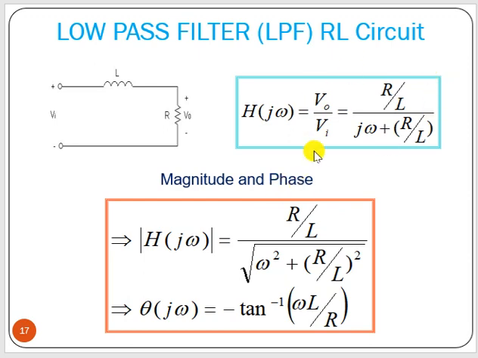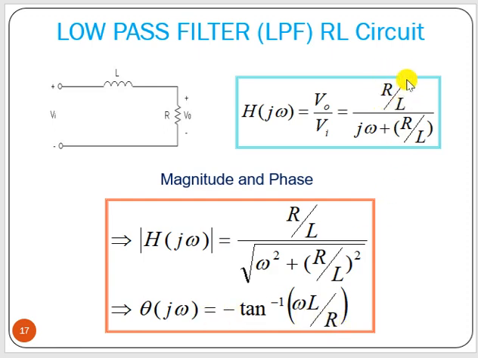Now for magnitude and phase from this particular expression, the magnitude will be R by L divided by root of omega square plus R by L whole square, since we have the j term. And theta, the phase angle, is minus tan inverse of omega by R by L, or omega L by R. Why minus?